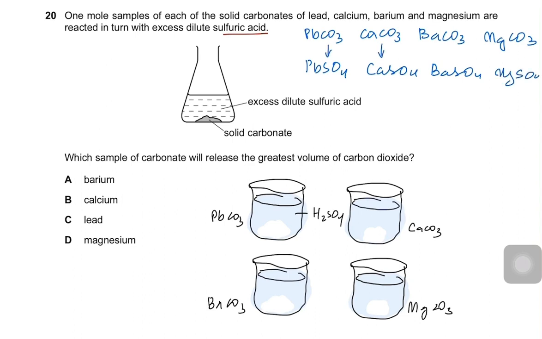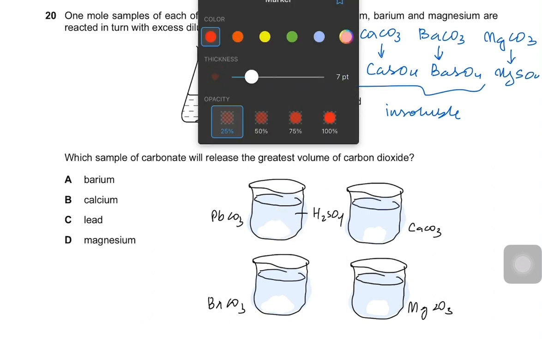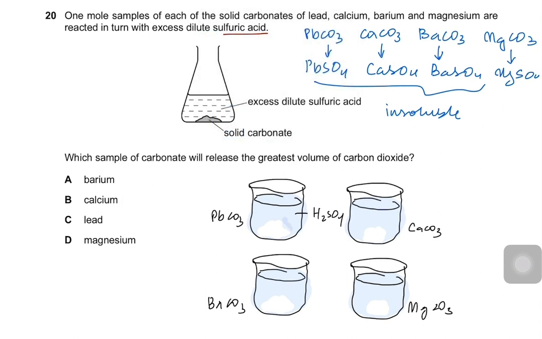Now you should notice that the first three are insoluble. Since they are insoluble, they will make a layer on top because of the insoluble sulfate.